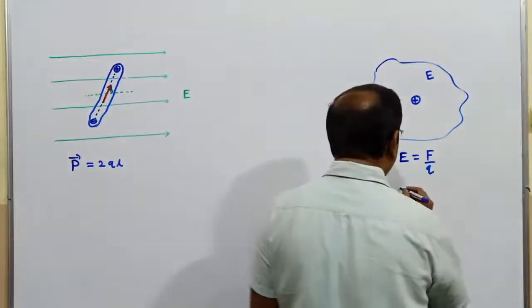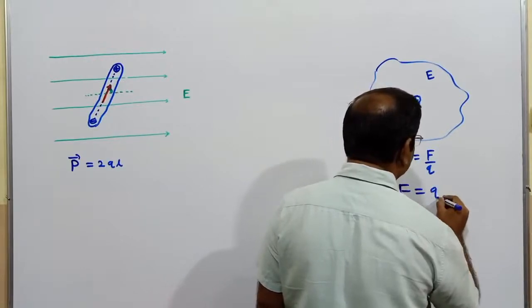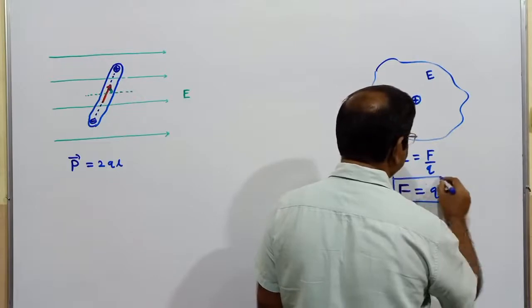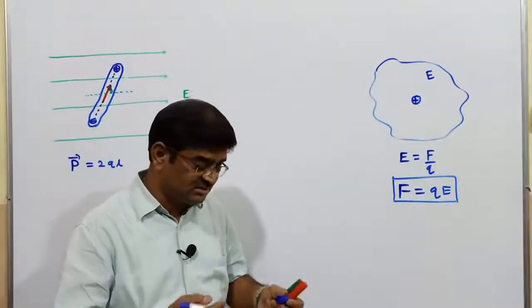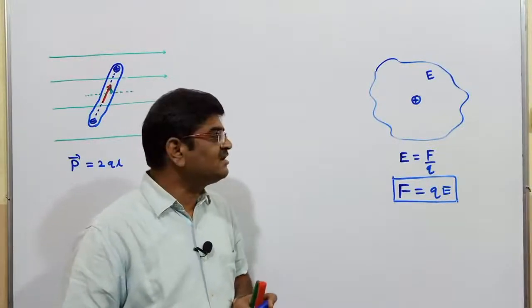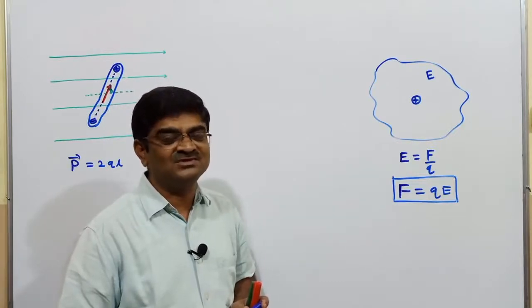So whenever I happen to work out the force on a charge in an electric field, I would simply write F equal to Q into E. Remember, even for competitive exams, you need to take assistance of this. So what's my concept? A charged particle in the electric field experiences force.